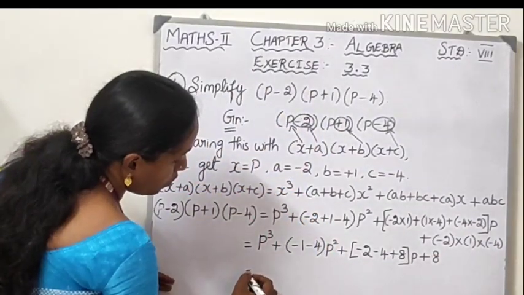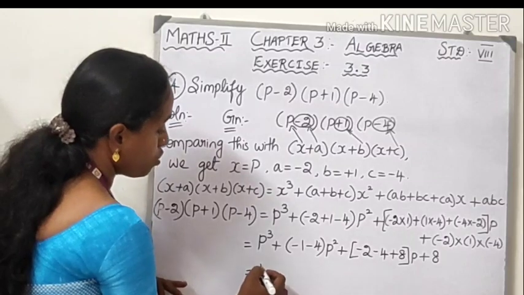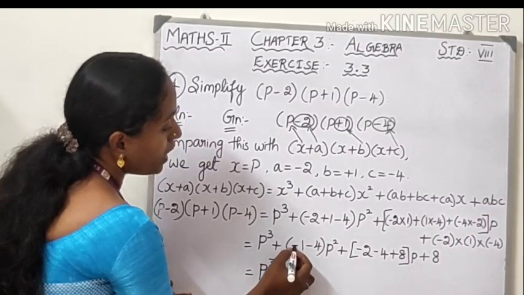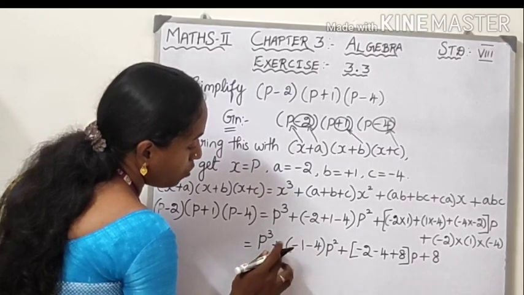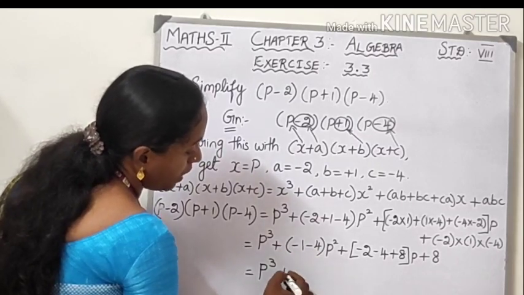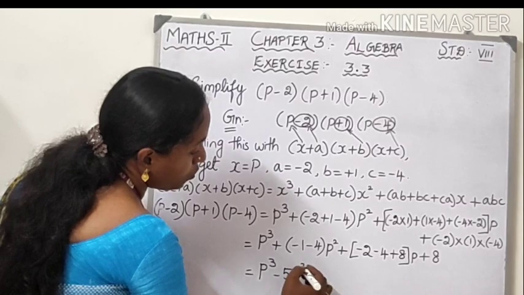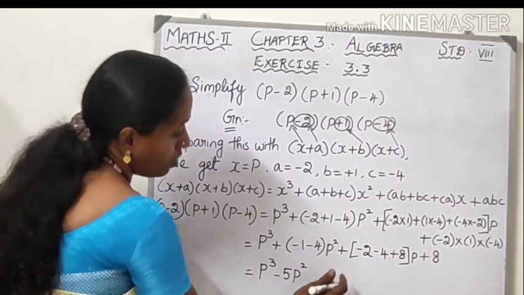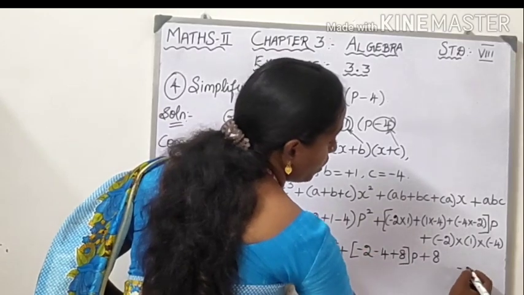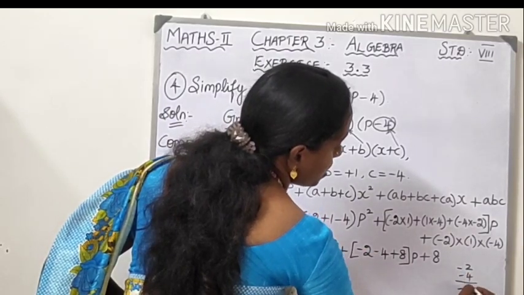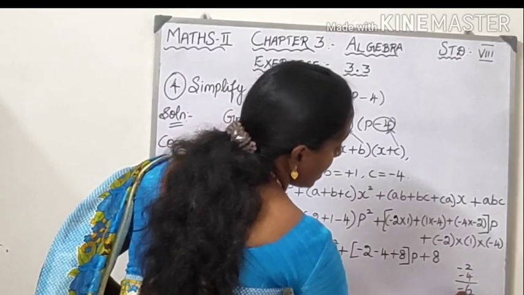Here we are going to write the final answer. So p power 3 minus 1 and minus 4, you will get minus 5. So minus 5 into plus, you will get minus 5 p power 2. Here you should solve inside the bracket. So minus 2 minus 4, you will get minus 6. Minus 6 and we have plus 8.